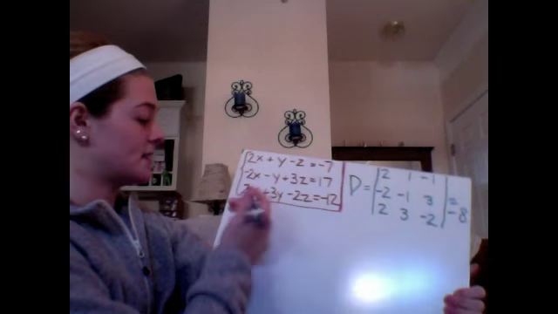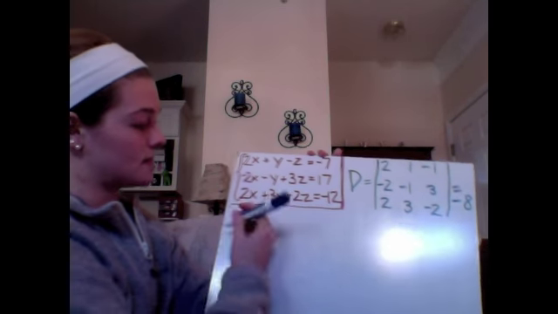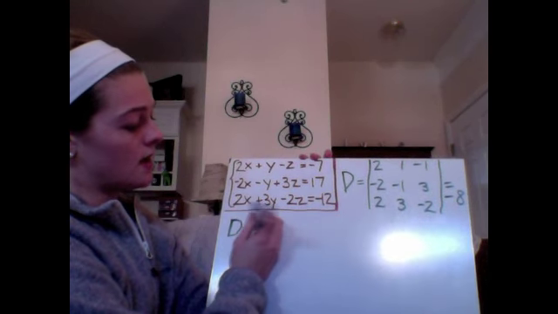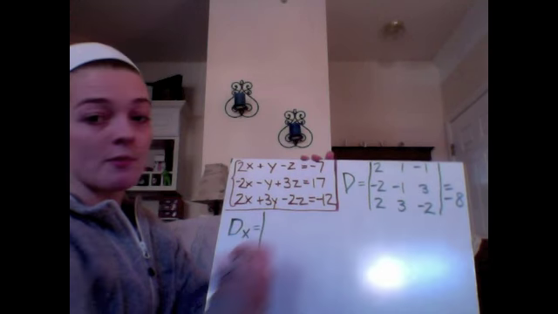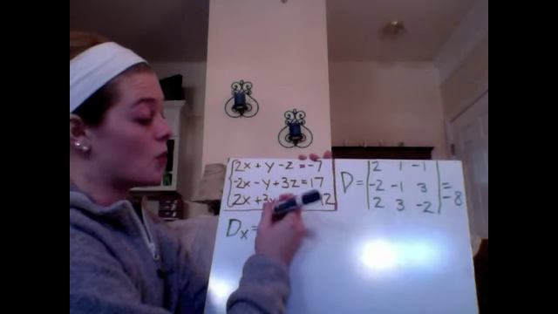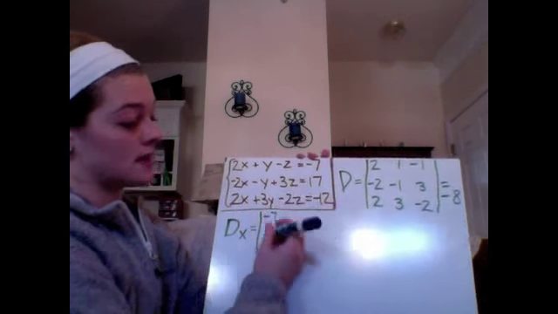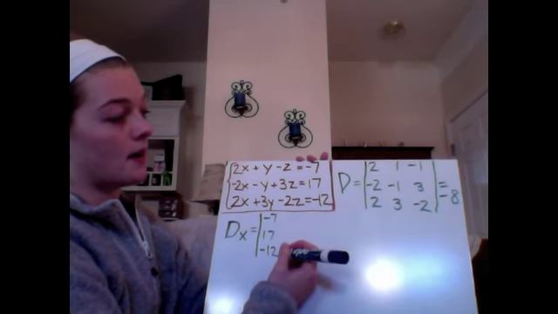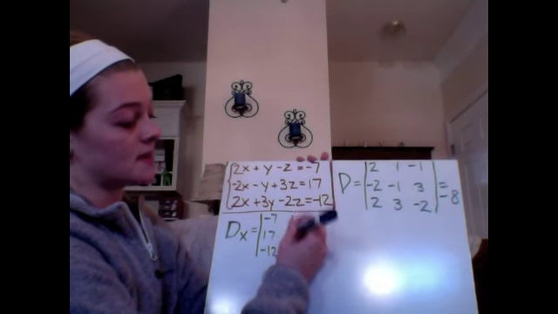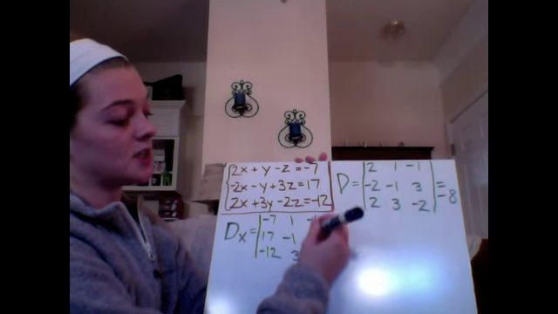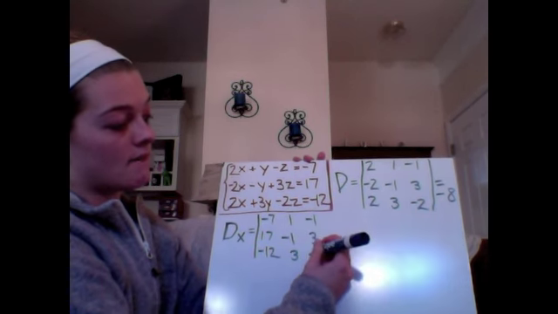All right, the next process, we're going to set up 3 more determinants. The first one we're going to do is Dx. If you recall, when we're doing Dx, we replaced the very first column, because those were all the x coefficients, with our solutions: negative 7, 17, and negative 12. The rest of the columns will stay the same because this is the Dx determinant, and we're not touching the coefficients of the other variables.